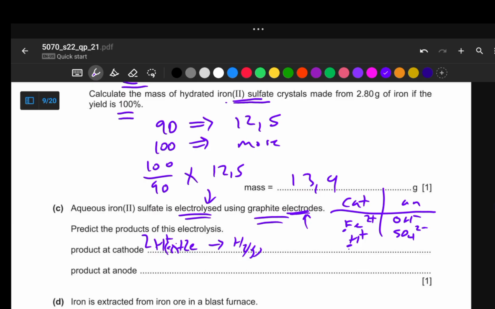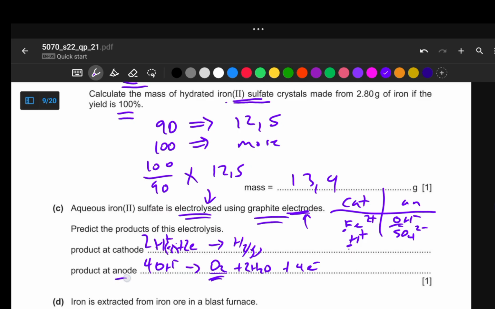And then for the anode, we are going to oxidize the hydroxide ion. This hydroxide ion is going to be oxidized into oxygen plus water, and then we can balance here with 4 and then here with 2, and we are also going to have 4 electrons here. So it's 2 and then 2 here. So the equation is now balanced. So you're going to have oxygen gas at the anode.